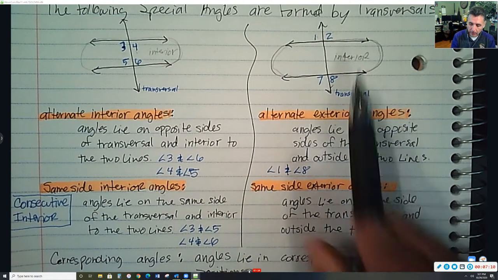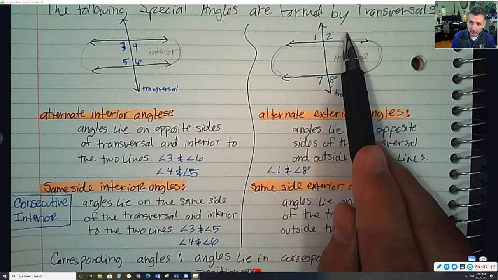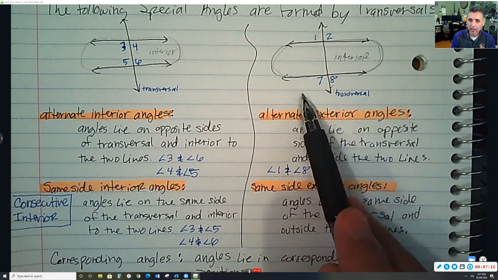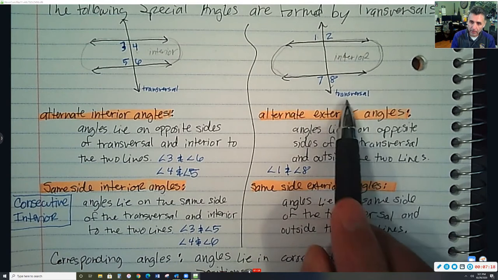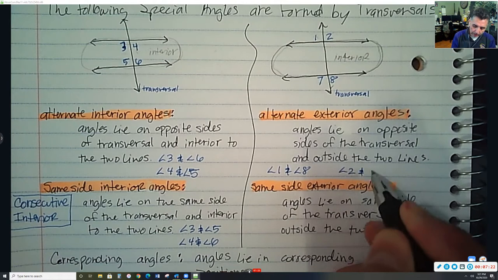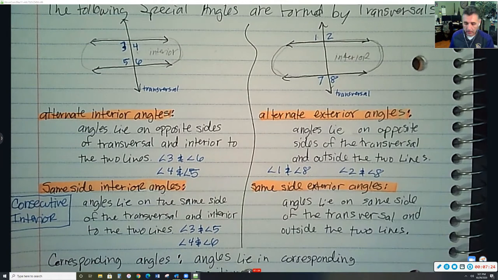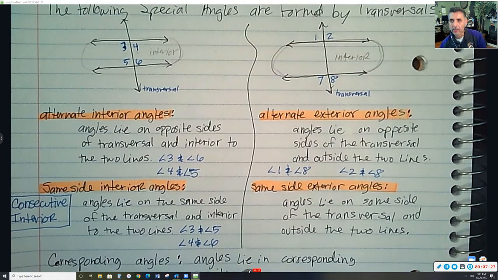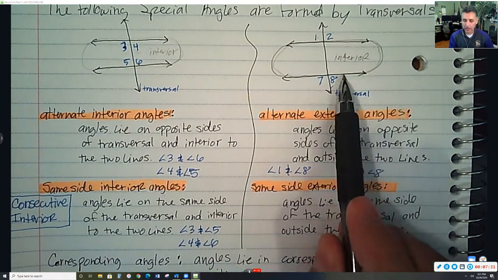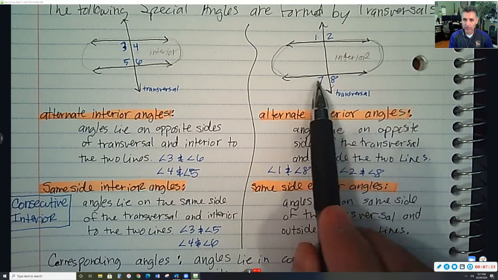And then another pair is 2 and 7. They're exterior and they're alternating. It's jumping from the right side to the left side of the transversal. Alternate exterior. Alternate means they're jumping from one side to the other side of the transversal.